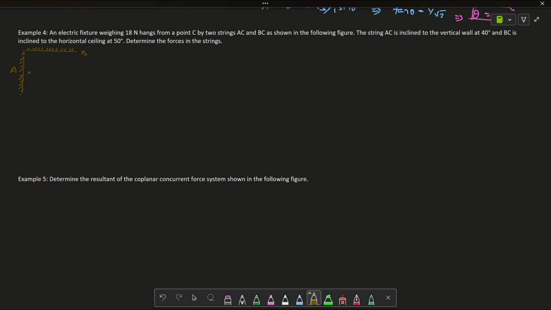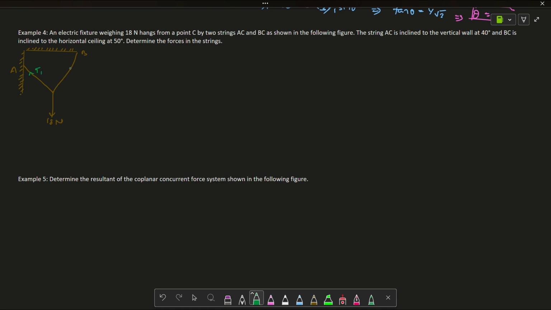Now one wire is coming like this. Sorry, this should be a straight line. And from here one line is coming. The 80 Newton weight is here.